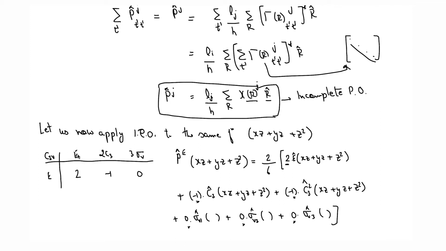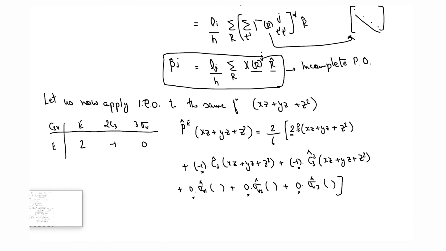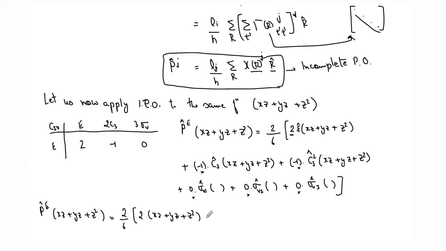Okay, so now let's try to solve this and see what we get. We have P of xz plus yz plus z square, and you have 2 by 6, times 2 into xz plus yz plus z square, minus 1 times, now the effect of E on this remains the same. The effect of C3 on this we had calculated in the last lecture, so I'm just going to note down what we get here.